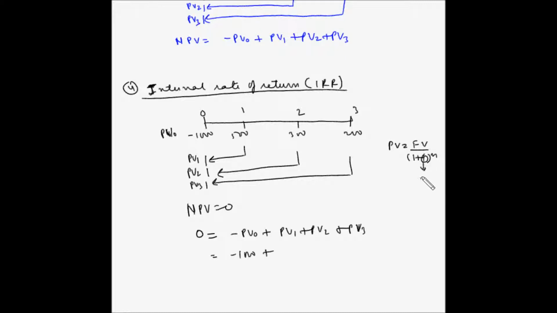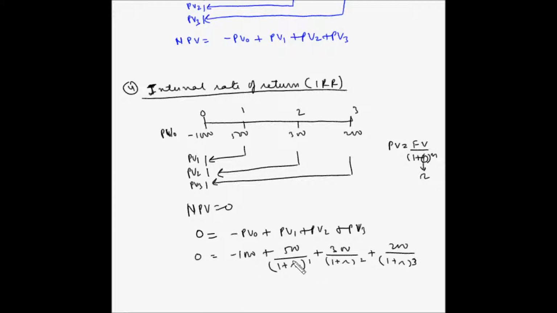Here I is the internal rate of return. So future value is 500 divided by 1 plus R to the power 1, plus 300 divided by 1 plus R square, plus 200 divided by 1 plus R cube. And we have to find the value of R such that this becomes equal to 0.